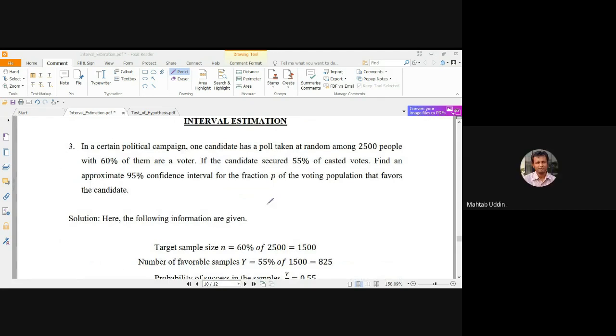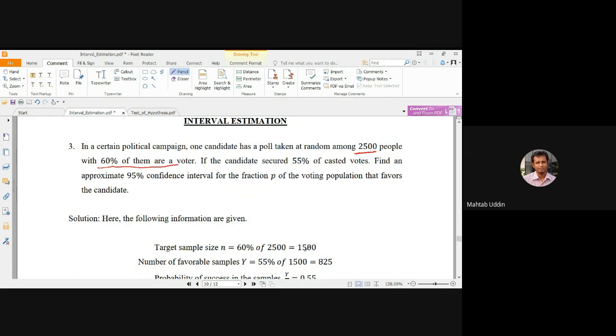Once again, in a political campaign, one candidate has a poll taken at random. How many people? 2,500 people, sir. Okay, 2,500 people. But all are not actually voters, sir. Only 60% are voters.